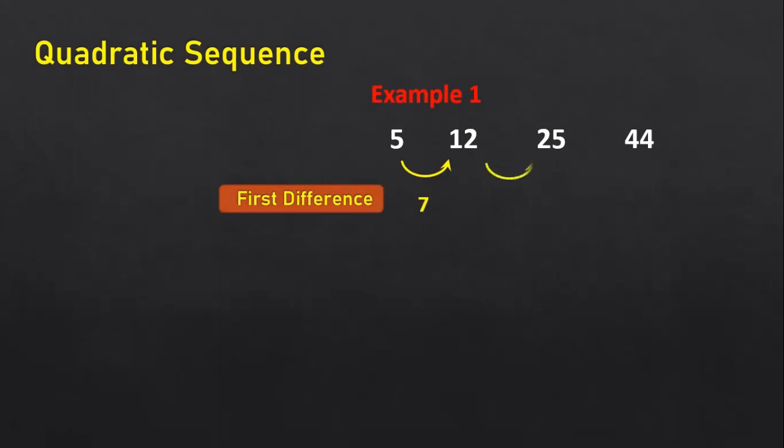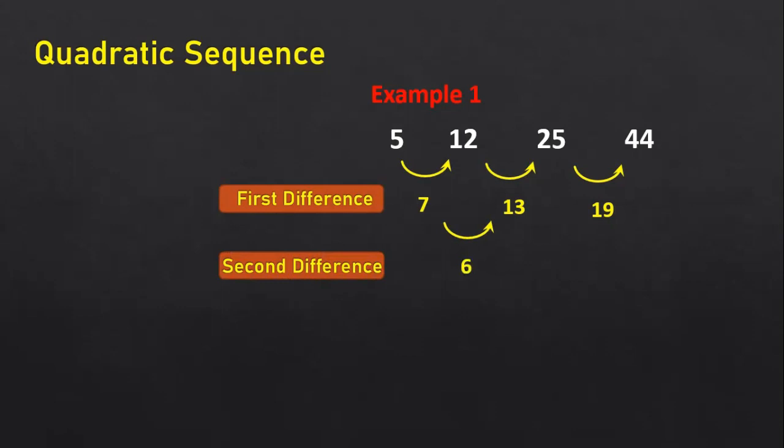Next, 12 to 25 is 13. And 25 to 44, we got 19. Now the second difference: 7 to 13, we got 6. And 13 to 19, the second difference is 6 as well, right?